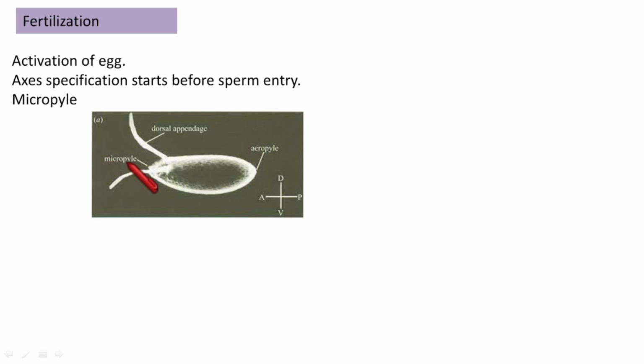It also helps to prevent polyspermy, because in Drosophila there are no cortical granules to prevent polyspermy. Here the main structure that prevents polyspermy is the micropyle itself.